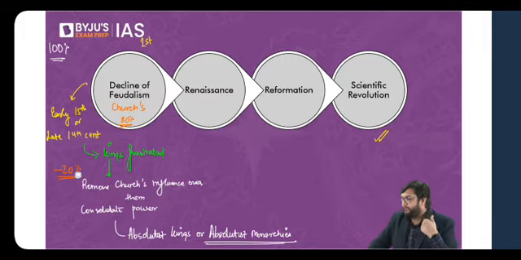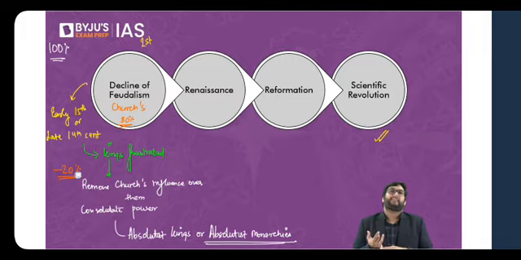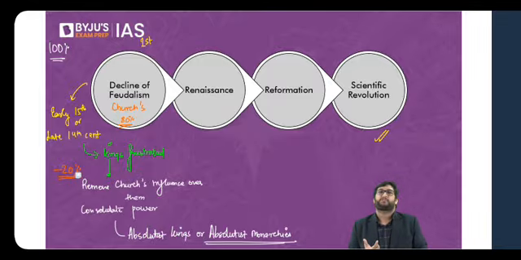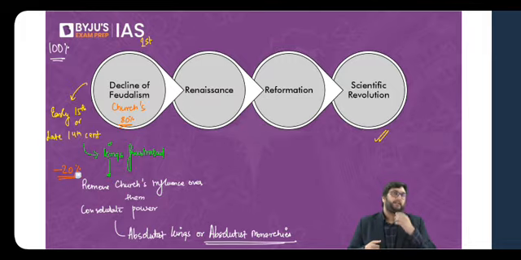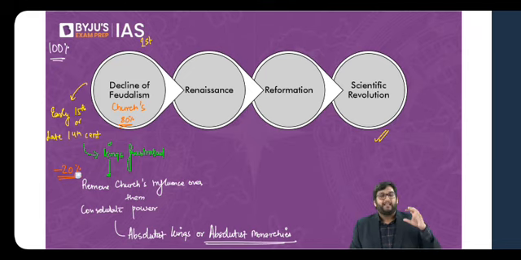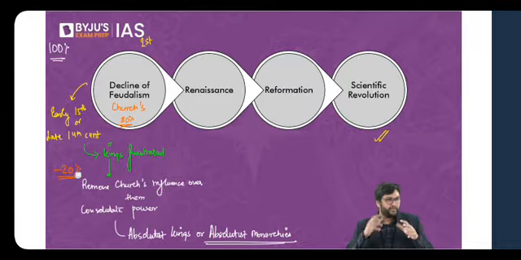Now, if you are from PSIR optional, or sociology optional, or history optional, or if you know political theory, there were certain thinkers in Europe comparable to, for example, Aryabhatta, Varahamihira, Bhaskara. Can you give me their names?